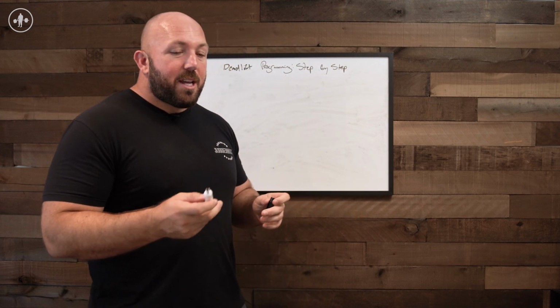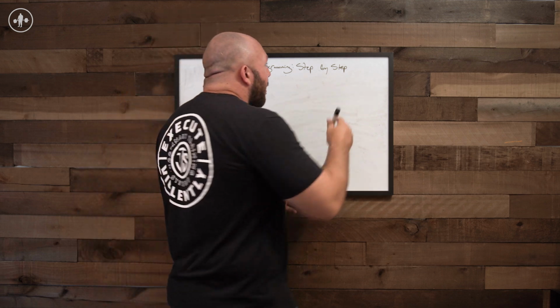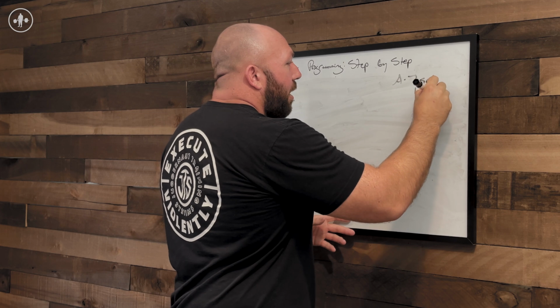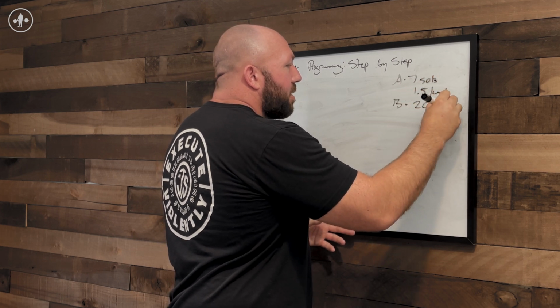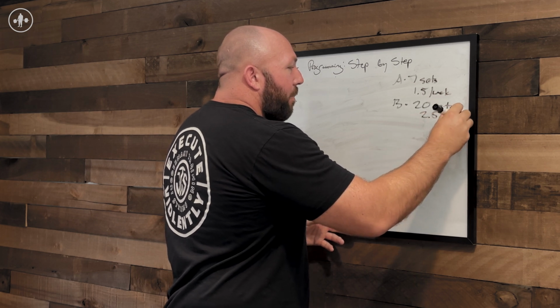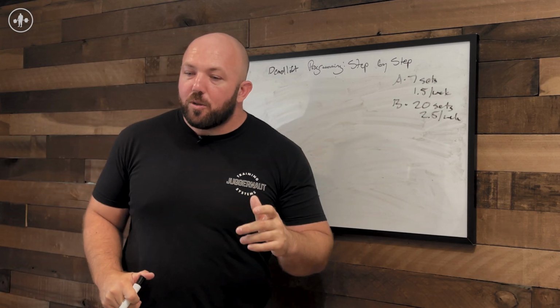So, for example, if we had an athlete, let's say lifter A, which I erased their stuff, 7 sets, 1.5 times a week, and lifter B, 20 sets, sounds miserable, 2.5 times per week. Let's say lifter B in this situation is weak off of the floor.